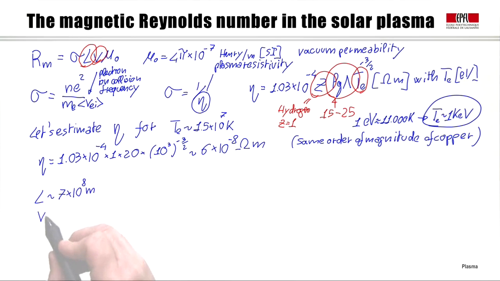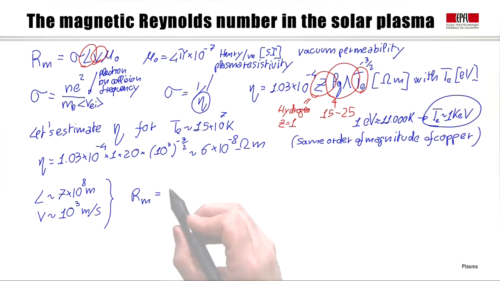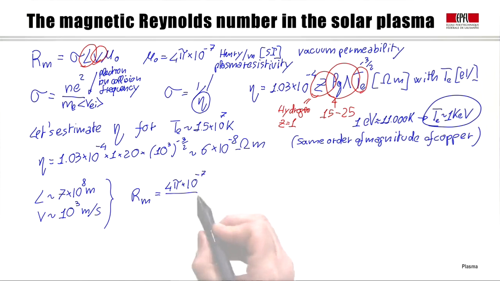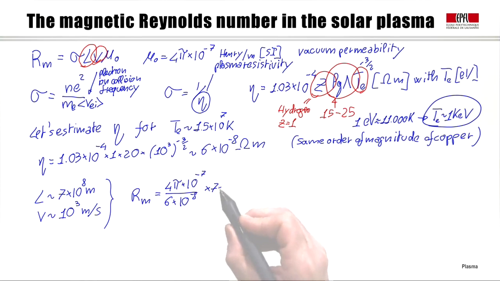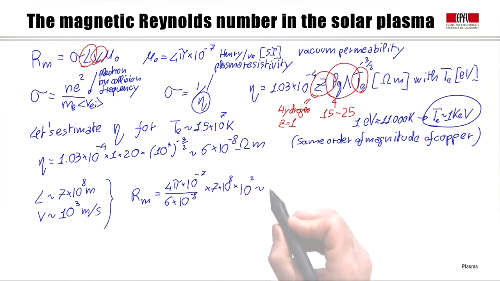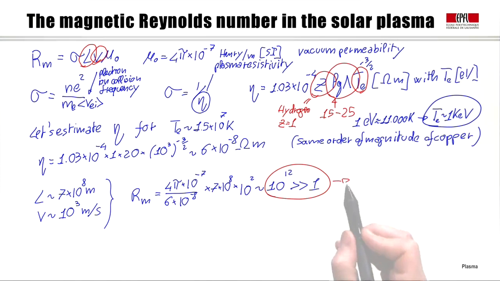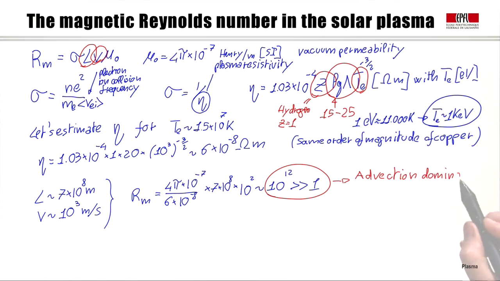And for a typical velocity, we use 1 kilometer per second, which is the typical speed of the plasma flow at the surface of the Sun. If we now plug these numbers into the formula for the magnetic Reynolds number, we end up with a value of 10^12, which is much larger than 1, telling us that in the Sun advection dominates the plasma dynamics.